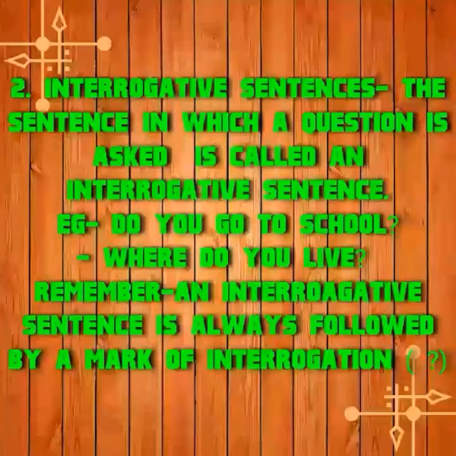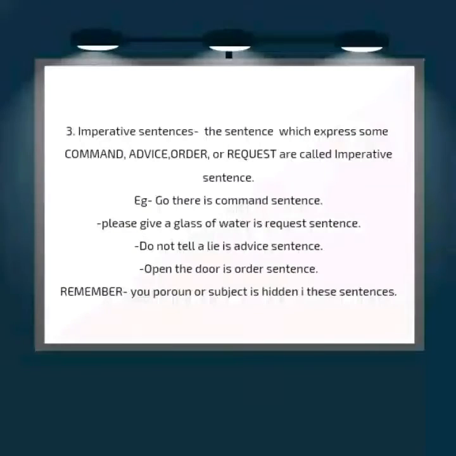Number 3, imperative sentences. Here I'll give the definition of imperative sentences. The sentences expressing some command, advice, order or request are called imperative sentences. For example, here I'll give some examples for understanding. Go there.